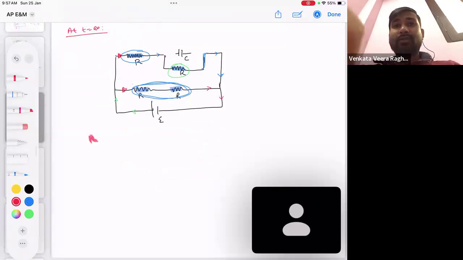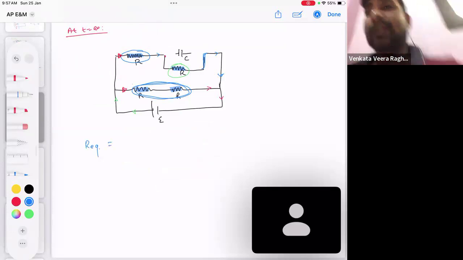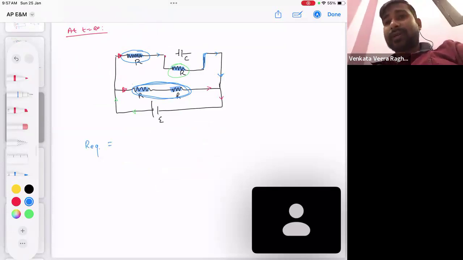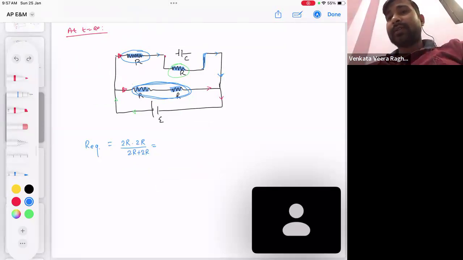So R equivalent, how much will it come? Upper branch 2R, lower branch 2R connected in parallel. Wait. 2R and 2R is in parallel. So R equivalent, how much will it come? R will come. What is going to be the current? E by R will come.